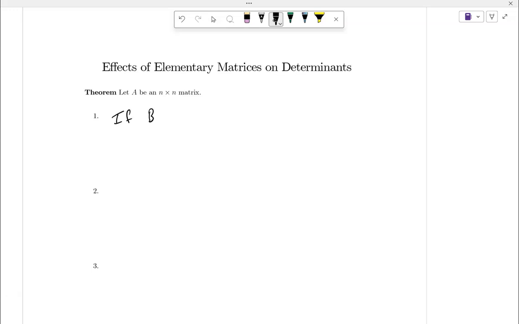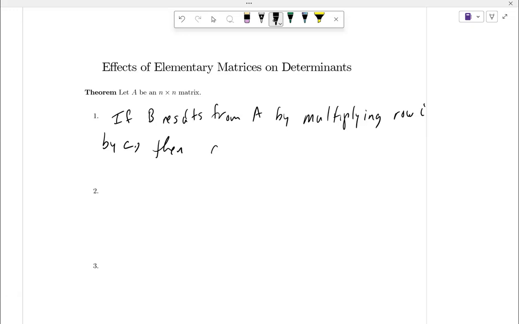If B results from A by multiplying a single row, I'll say row i, by c, then the determinant of B is c times the determinant of A. Multiplying a row by a single constant changes the determinant by that constant factor.